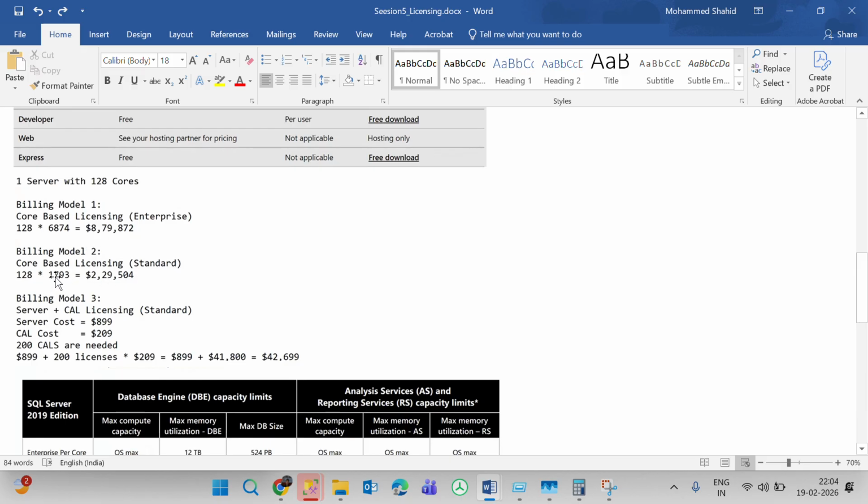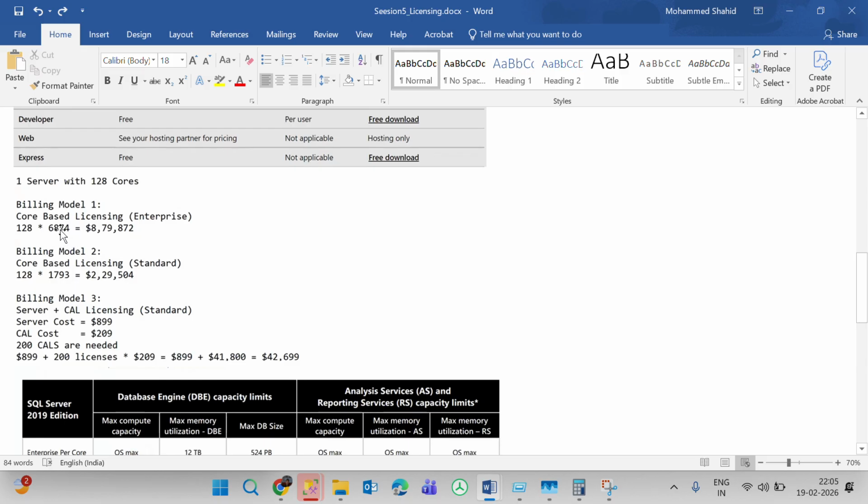And if you go to the standard server core based licensing, you take 128 times 1,790, and this is divided by 2 actually.